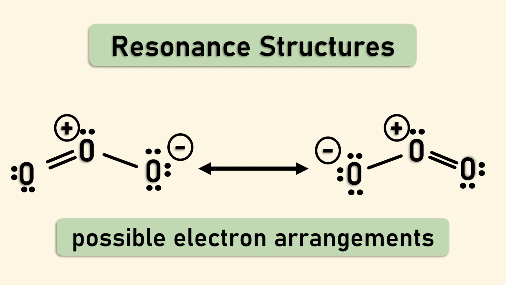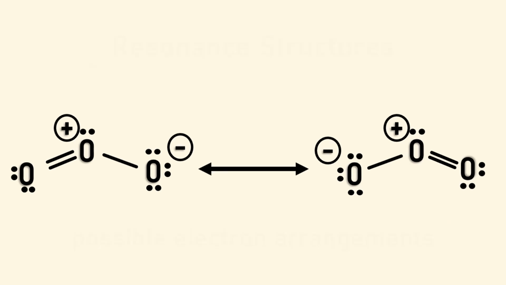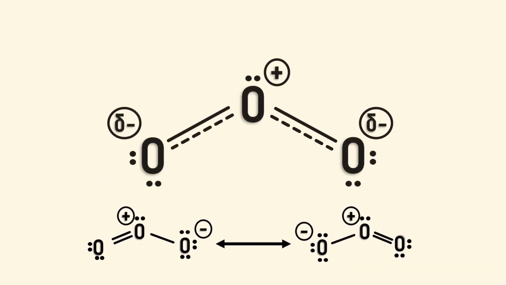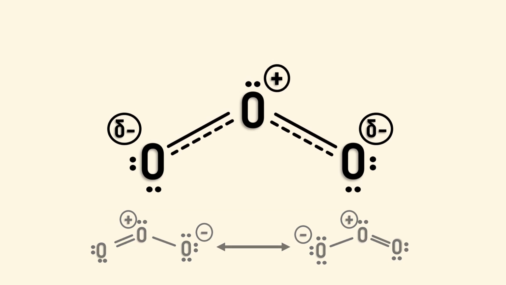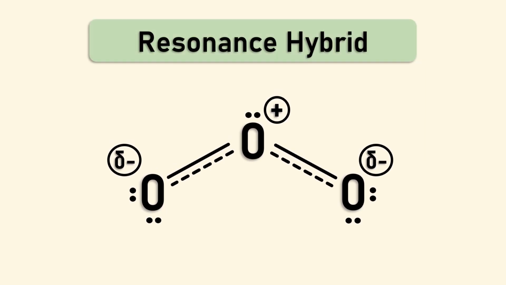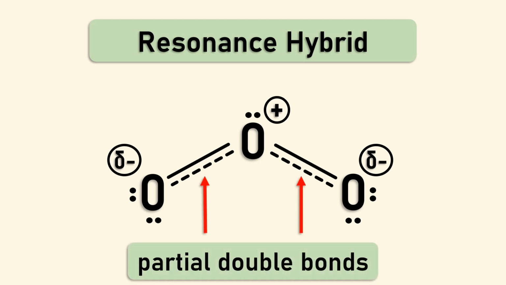This is called the resonance hybrid. Let's focus on the hybrid for now. We show partial double bonds or pi bonds between oxygens 1 and 2 and between oxygens 2 and 3. You see the broken lines representing the partial bonds.